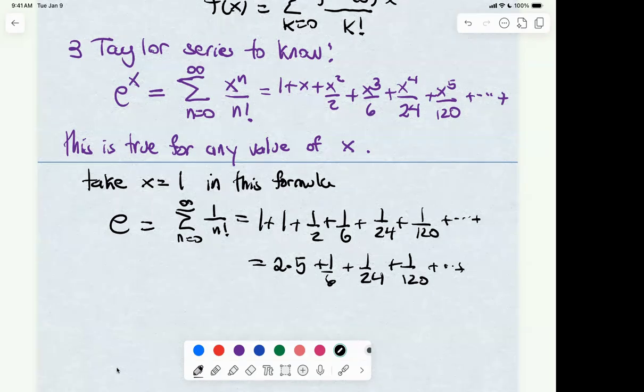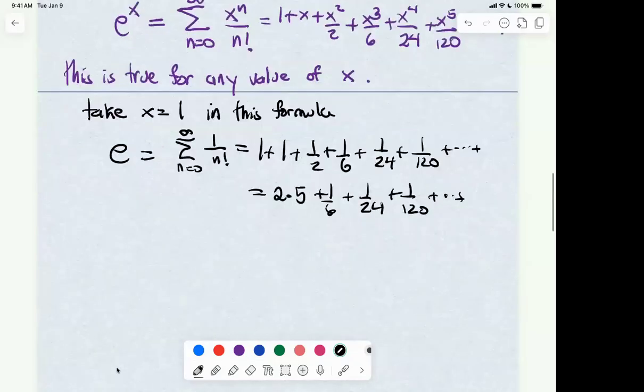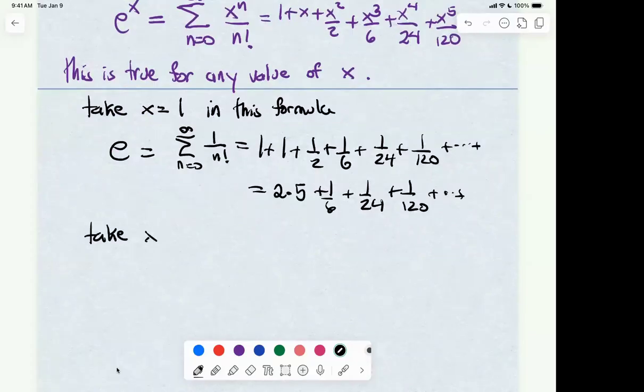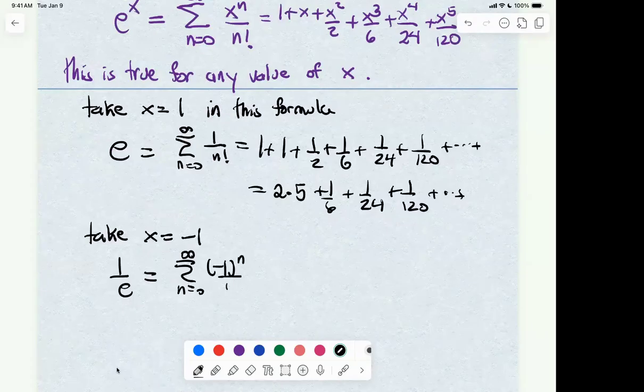And you also get things that you would not have expected necessarily unless you had the formula. For example, if you take x equals -1, I think I had mentioned this one before, then you would get 1 over e, and now you get an alternating series with 1 over n factorial.